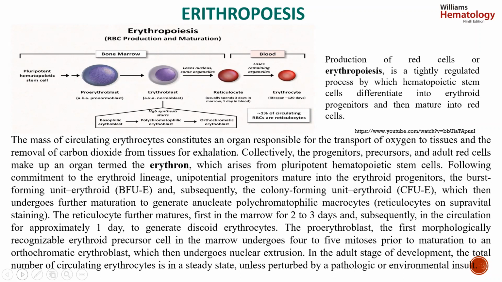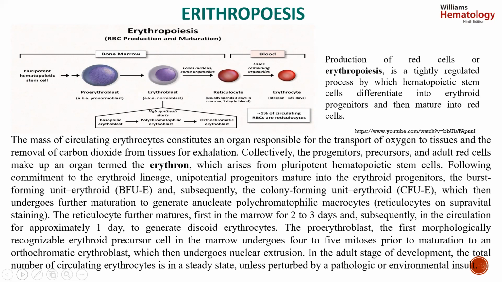Collectively, the progenitors, precursors, and adult red cells make up an organ termed the erythron, which arises from pluripotent hematopoietic stem cells. Following commitment to the erythroid lineage, unipotential progenitors mature into the erythroid progenitors, the burst-forming unit erythroid, and subsequently the colony-forming unit erythroid, which then undergoes further maturation to generate enucleate polychromatophilic macrocytes, called reticulocytes on supravital staining.